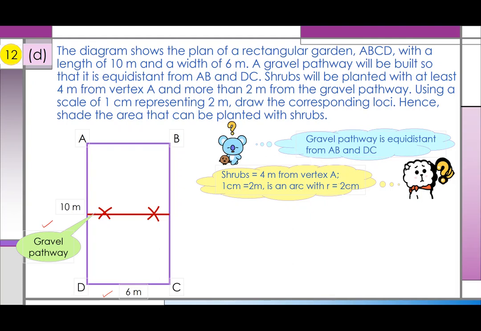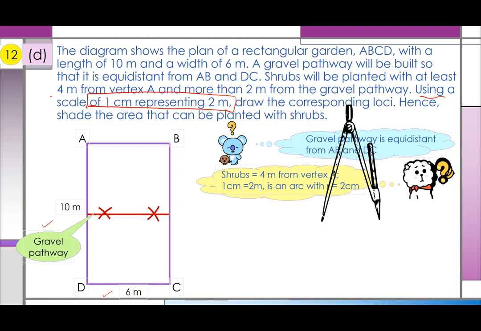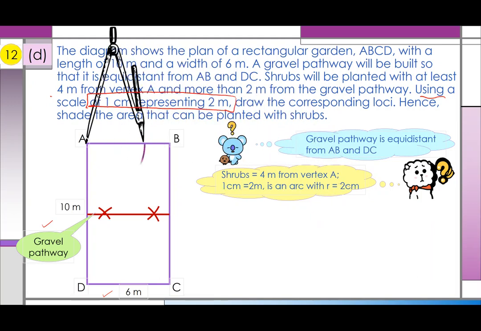Okay, 1 cm equal to 2 meter. See, using the scale, 1 cm represents 2 meter. This is the scale. So now I want 4 meter. That means the arc must be 2 centimeter only. So I measure 2 centimeter using a ruler. 用你的尺量出2 cm. Okay, 去这里量2 cm，画一条 arc.